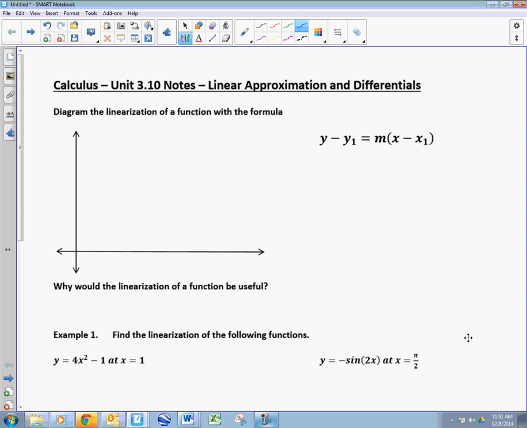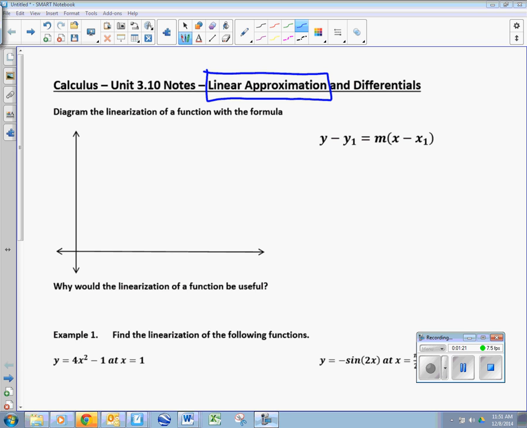Linear approximation, differentials we'll learn about on Wednesday, but linear approximation today. Probably not. We probably won't be able to quite reach a test. So here we go.